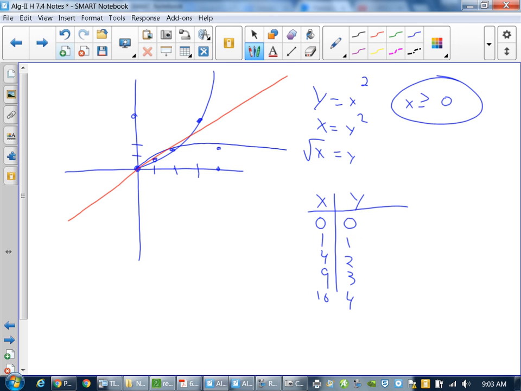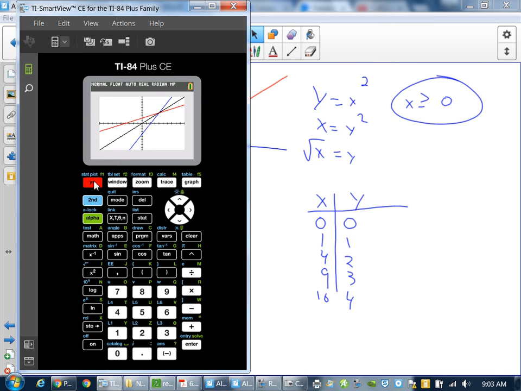Yeah, it's easier to show in the graph stuff. So you go back here. Let's do y equals x squared, and let's do y equals the square root of x, and let's do y equals x. But I want to change my window.